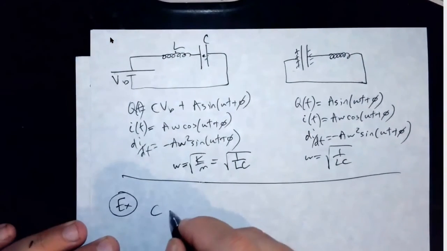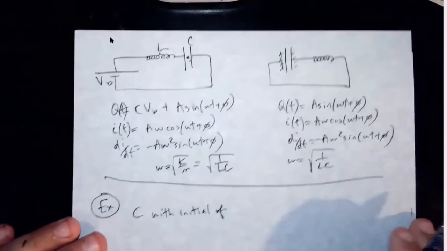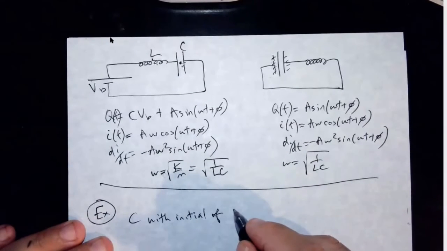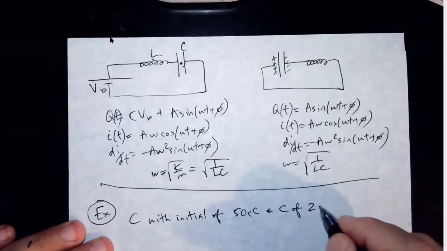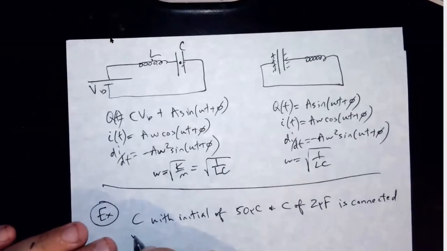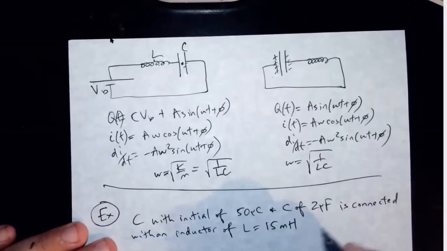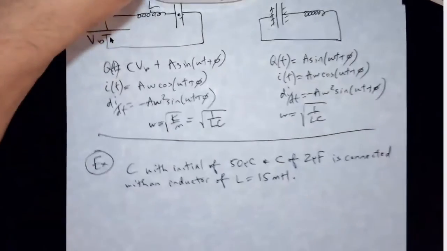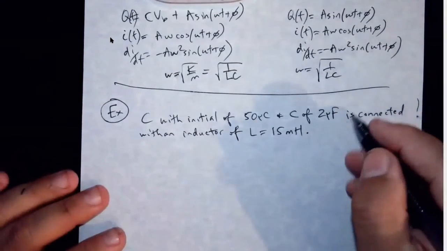So the capacitor with initial charge of 15 microcoulombs and capacitance of 2 microfarads is connected with an inductor of inductance 15 millihenries. Then we can ask some questions based on that.